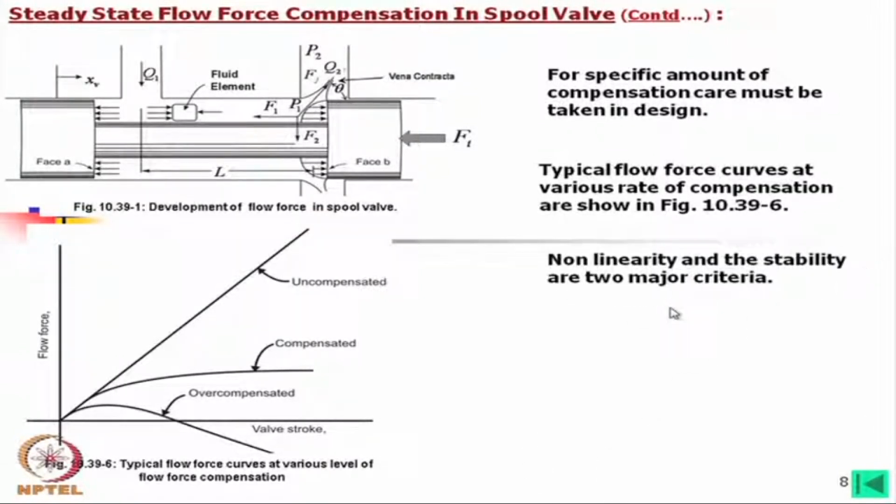Nonlinearity and stability are two major criteria. Nonlinearity we understand: when this type comes, we will find that the force is not always constant, it is varying, again not linearly varying, so controlling such a force will be difficult. I mean, nonlinear control we have to introduce. And stability is another point. Stability means that when we are moving the spool, it has dynamics.